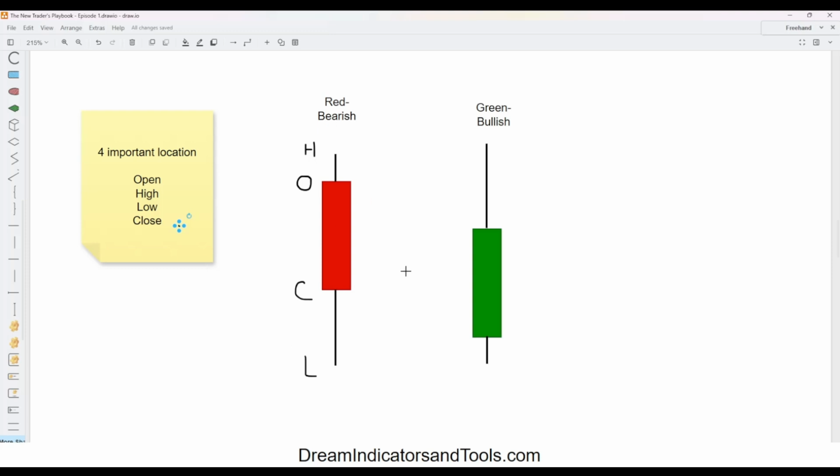Now, for green bullish candles, of course, it's going to be the other direction. We're going to get our open down here at the bottom of the body. Then price is going to come down to the low, go all the way up to the high, and then pull back down into the close. The reason why this is so important is because it shows us a story.